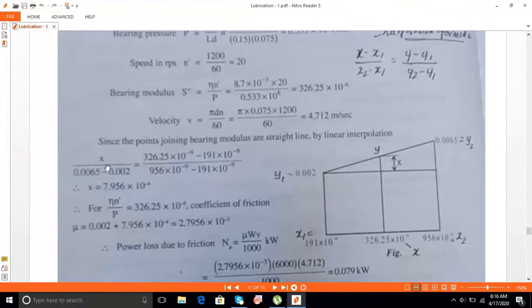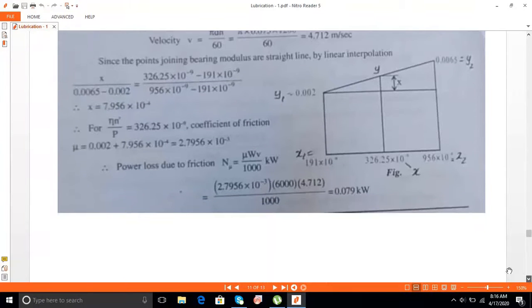So after substituting and calculating, we get x is equal to this. This x we have calculated, but we should not forget that it has to be added to 0.002. So mu is equal to 0.002 plus the x value for 326.25 into 10 power minus 9 bearing modulus.